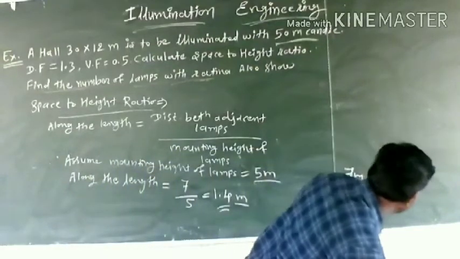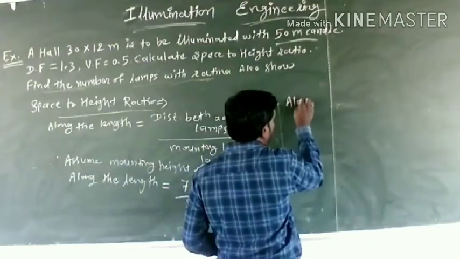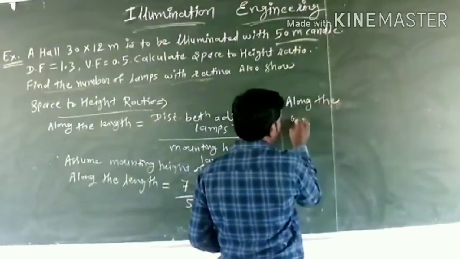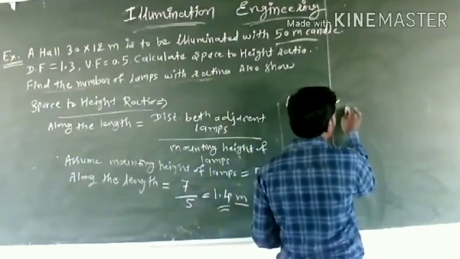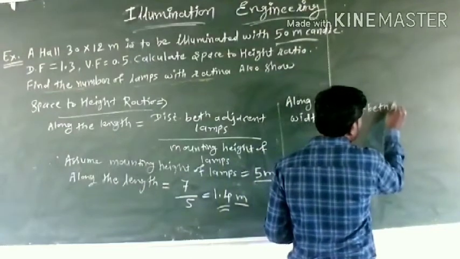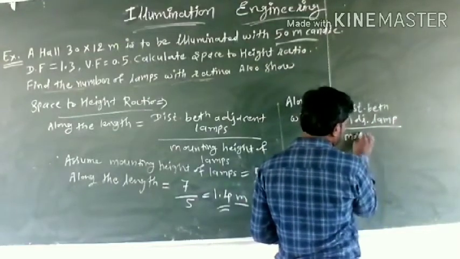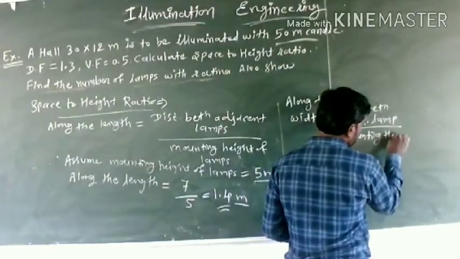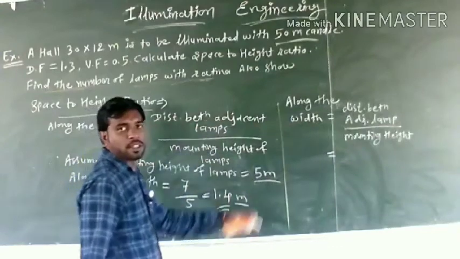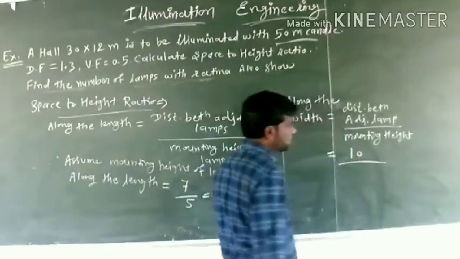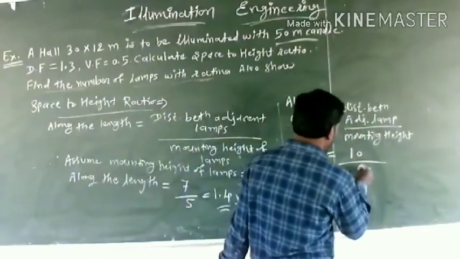So along the width, again the same formula: the distance between the adjacent lamps to the mounting height of the lamp. Here the distance between the adjacent lamps in width is 10 meter, and the mounting height is 5.